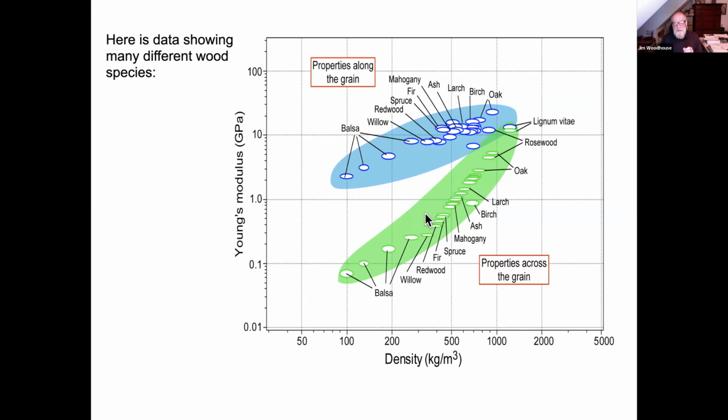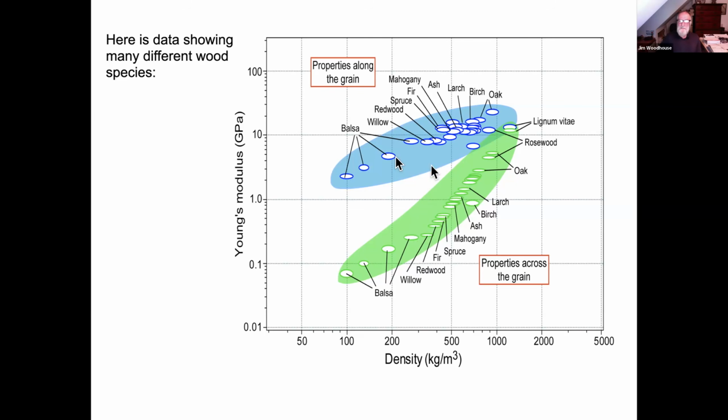The green one is the cross grain stiffness for perfectly quarter cut specimens. So you take a single sample of wood, it has one density, one value of long grain stiffness, so a dot up here somewhere, and also one value of cross grain stiffness, so a dot down here somewhere.